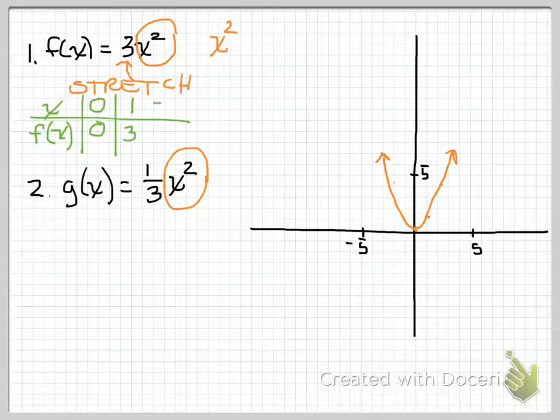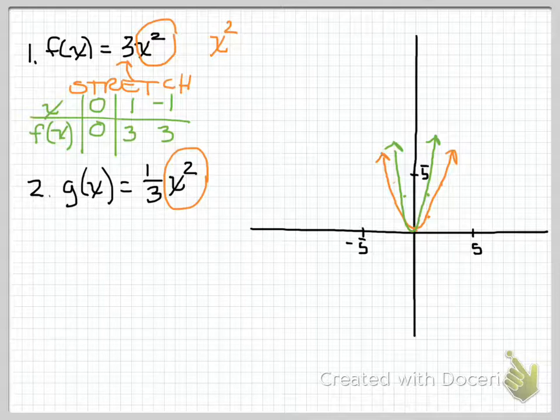If we substitute in a negative 1, we're going to get the same result, a positive 3. So our thinner graph is going to look something like this. It's going to have the same 0 point, but it's definitely going to be thinner. We are stretching, and by stretching we mean we're pulling the tops, and that will make it a thinner curve.